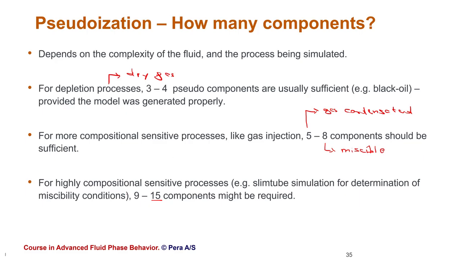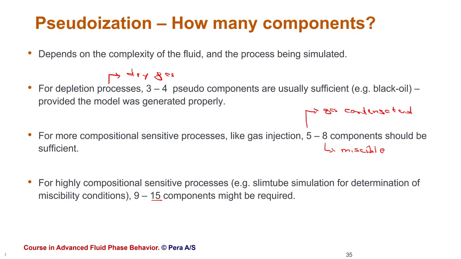So it's part of the game to reduce the number. Maybe 9 or 8 can be used for practical applications. Okay, so we need to be practical, especially when you are dealing with big models, field scale models.